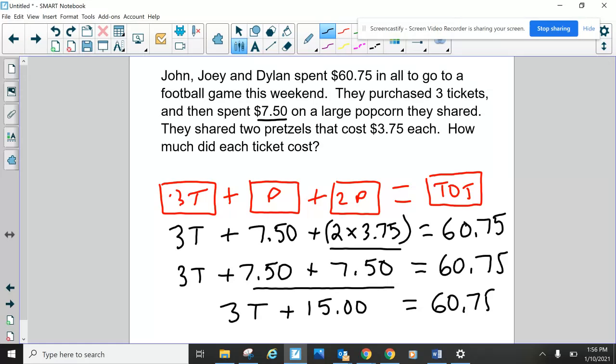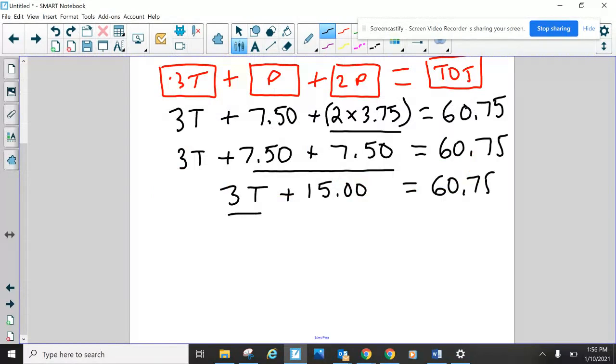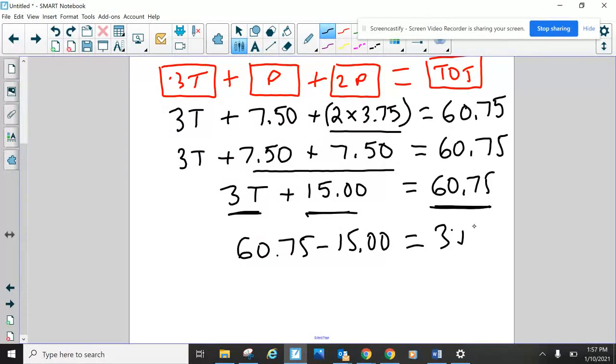So you might ask yourself, well, how am I going to figure out what the cost of the 3 tickets is? Well, first thing I'm going to notice is that the cost of the 3 tickets plus this amount together equal this. When 2 things added together equal this, I can use inverse operations, and I can take this $60.75 and subtract from it $15 to figure out the cost of my 3 tickets, right?